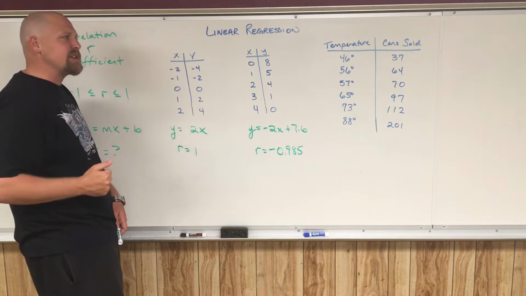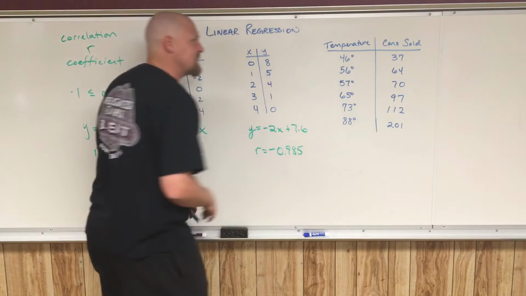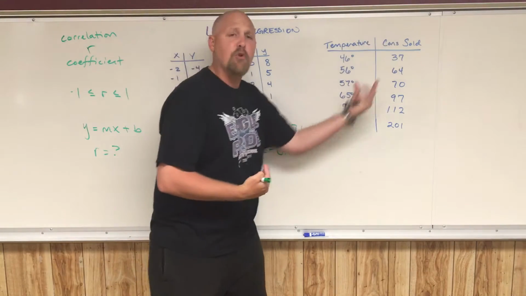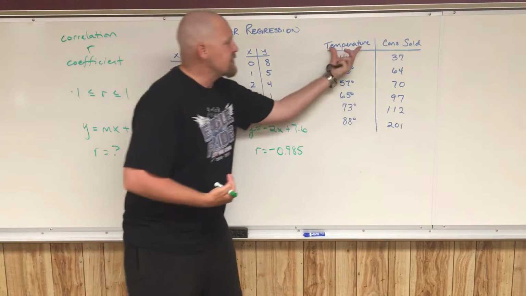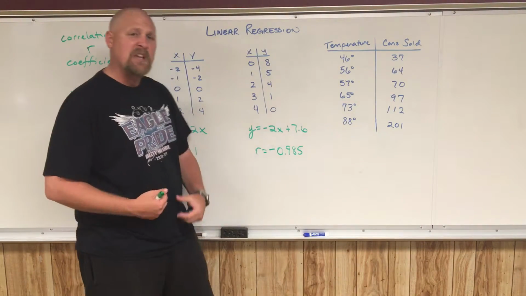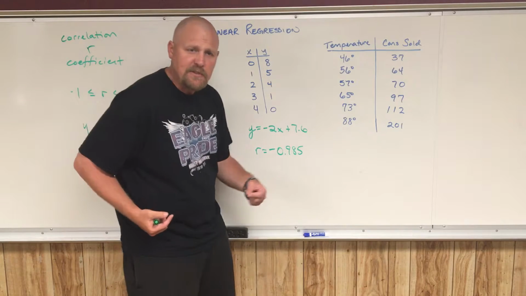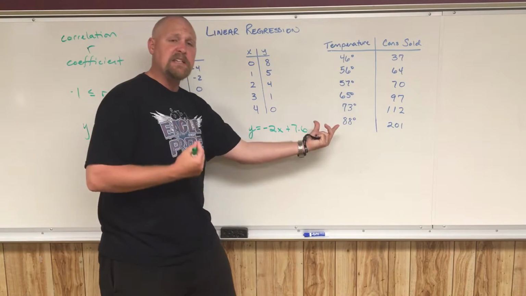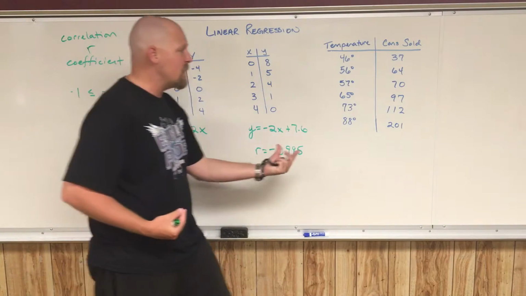Now I want you to take the time to put this data set in. What we did now is we took the data set and made it some sort of real life scenario: the temperature outside versus how many cans of soda are sold, let's say at a ball game. So take your time. Temperature is the independent variable, so it's the x variable.